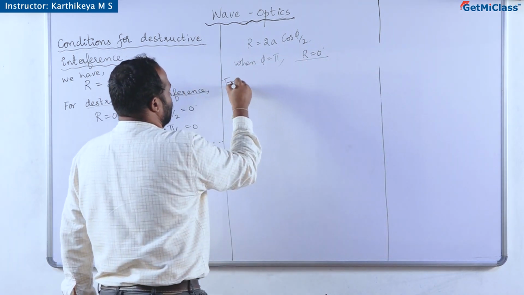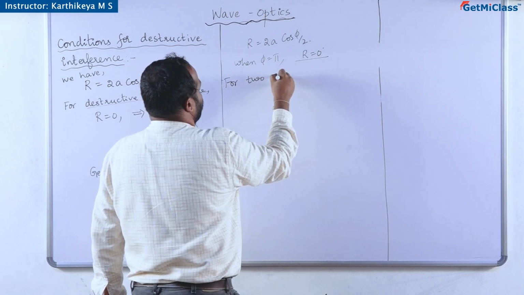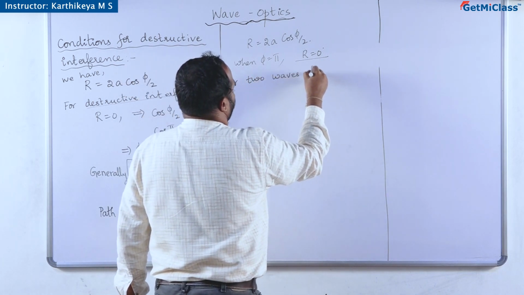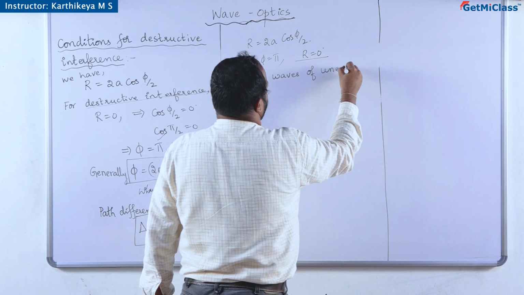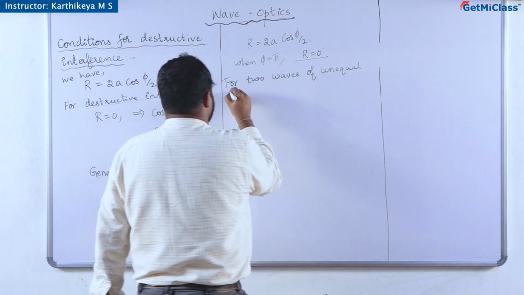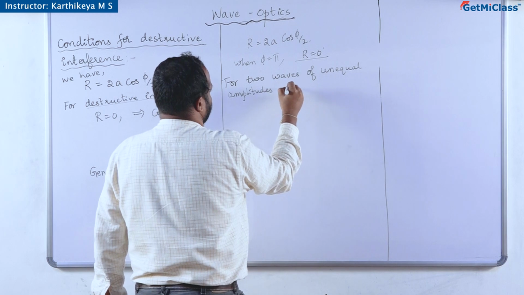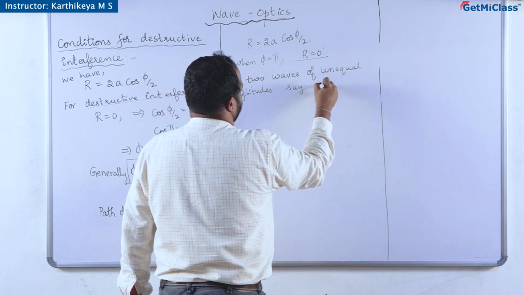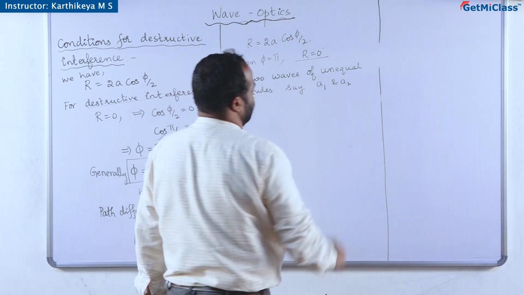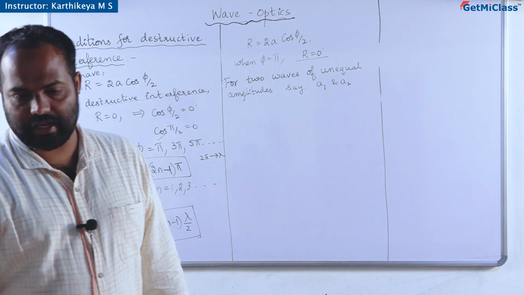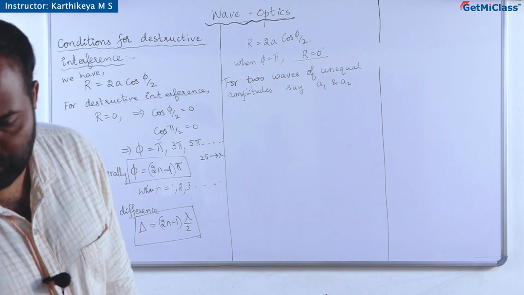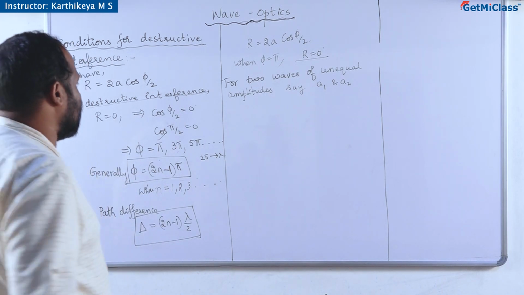Now for two waves of unequal amplitudes, say A1 and A2, what happens now?